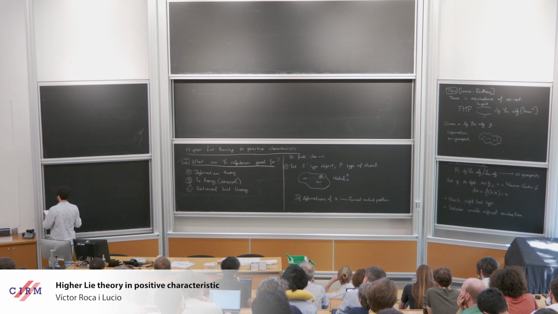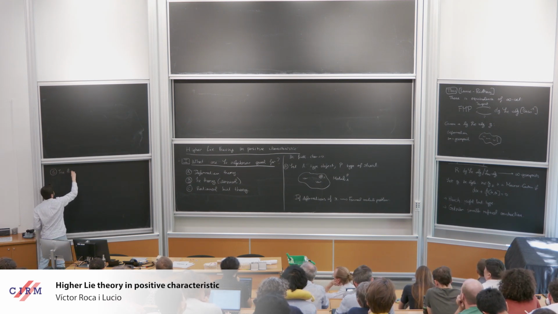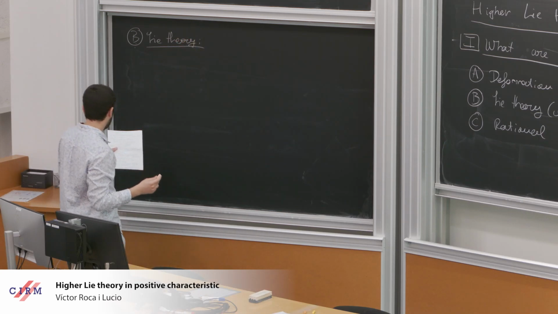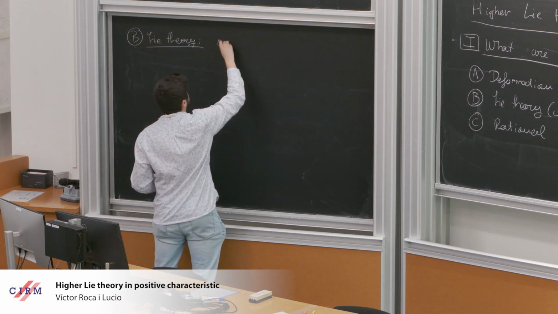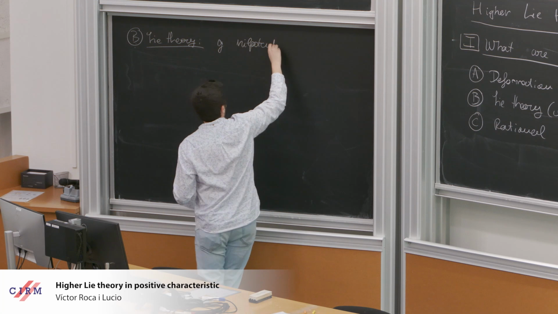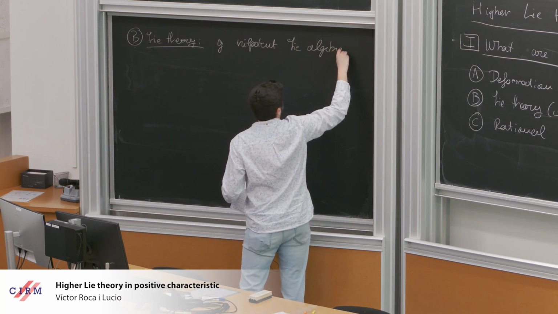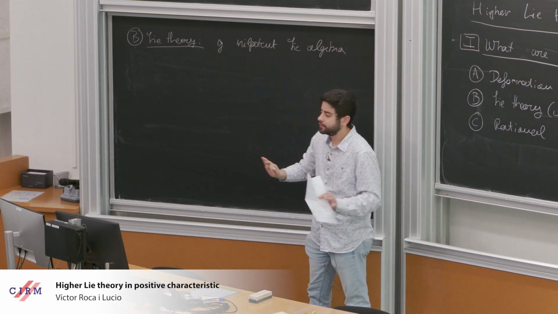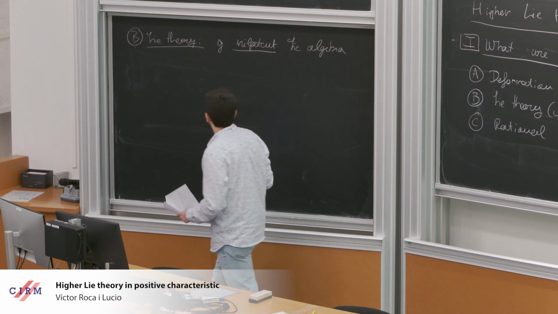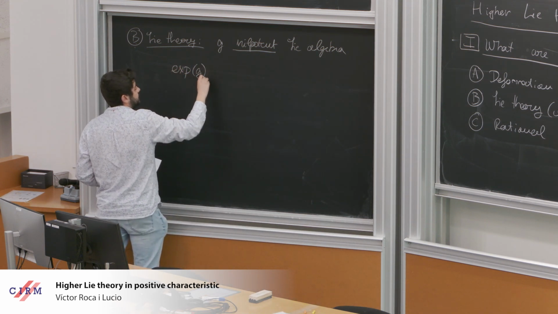So how does this connect to Lie theory? It's quite well known that if I have g a nilpotent Lie algebra, and here it's not graded and not differential, I just mean a classical nilpotent Lie algebra, I can cook up a group from it called the exponential group of g.